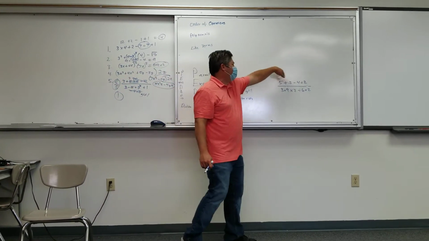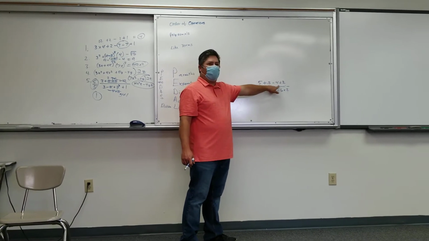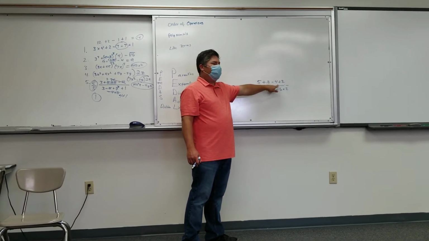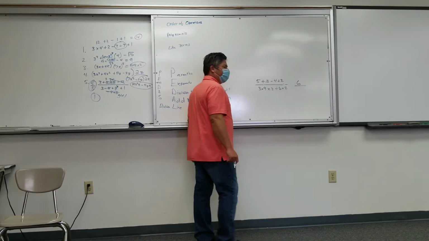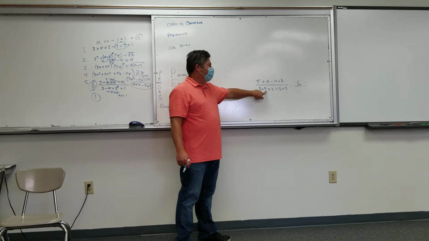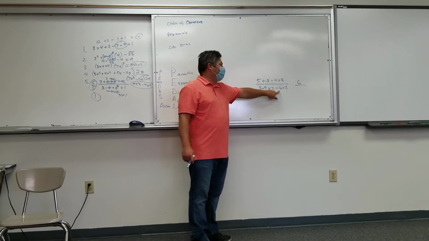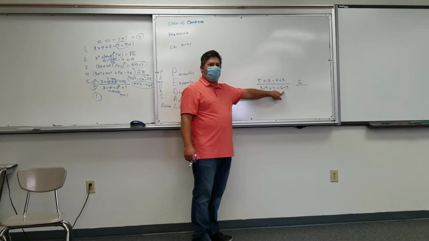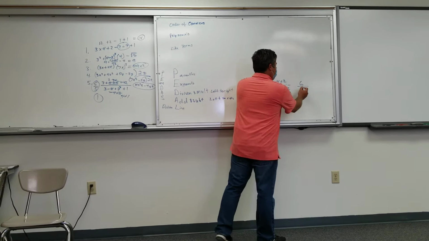So let's try and do this just straight across. What should I do? Get on the top. 8 minus 4 is? 4 plus 2 is? 6. That's the top. Bottom. 3 times 9? 27 times 2? 54. Divided by 6? 54 divided by 6, 9 times 2 is? 18.